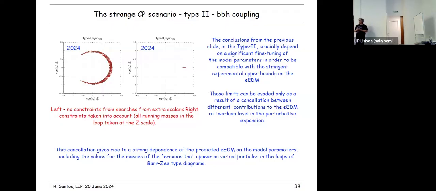And if they need to be very close, then the searches for extra Higgs could fill that part.